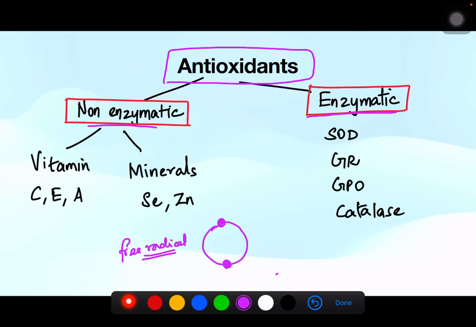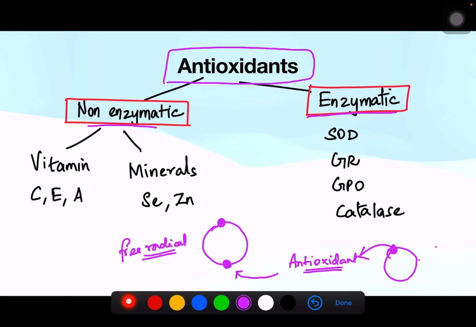So any molecule can do that. But we are actually doing it with the help of antioxidants, like your vitamin E or vitamin C or any mineral. What happens? These antioxidants can donate their electron to the free radical.